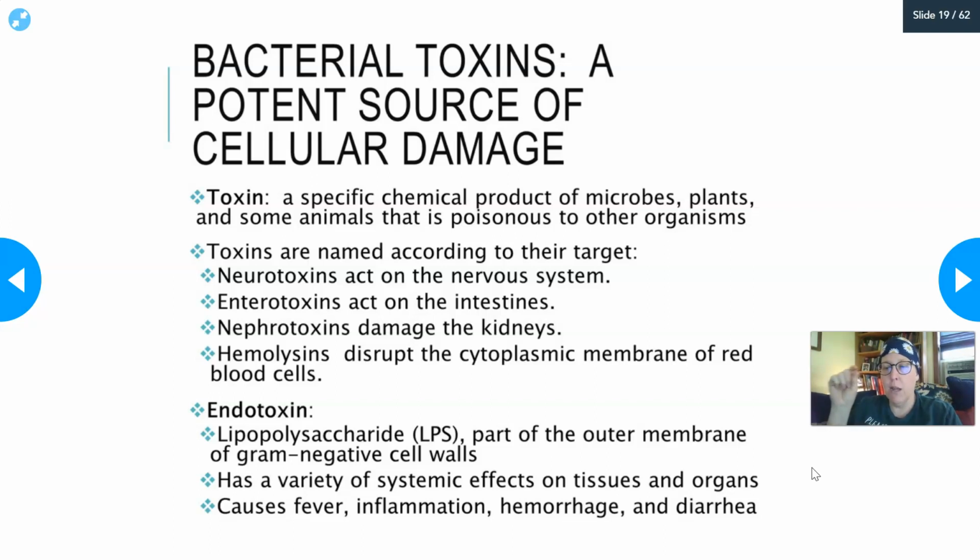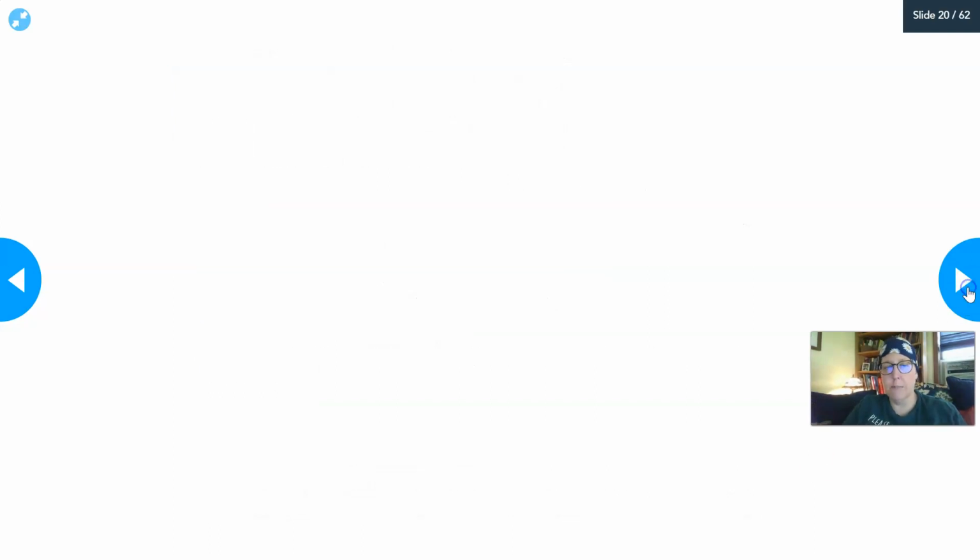Well, that outer layer there is an endotoxin. It has a variety of systemic effects on tissues and organs. It can cause fever, inflammation, hemorrhage, and diarrhea. And it's usually released when those gram-negative bacteria are lysed or burst, and then you have little pieces of their cell wall floating, and those act as toxins.